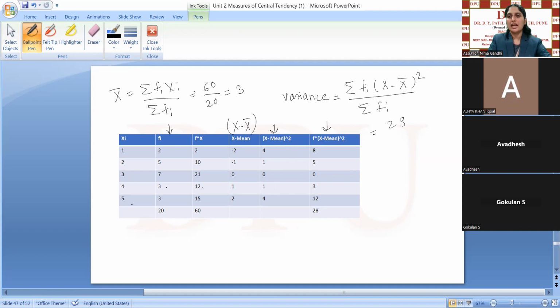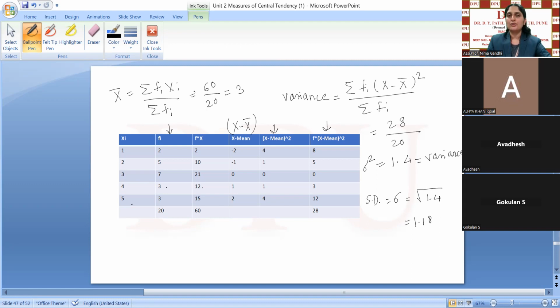So that is 28 divided by 20, which is 1.4. That is your variance, sigma square is 1.4. So your standard deviation, sigma, is root of 1.4, that is 1.18.